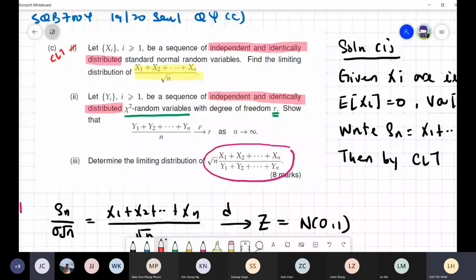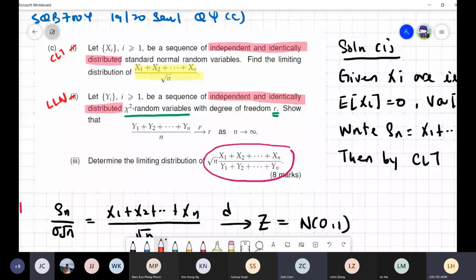Using the central limit theorem, we can get part 1. Actually, because this is a standard normal distribution, we can easily find the limit distribution for it. For part 2, we can use the law of large numbers. You can get it.